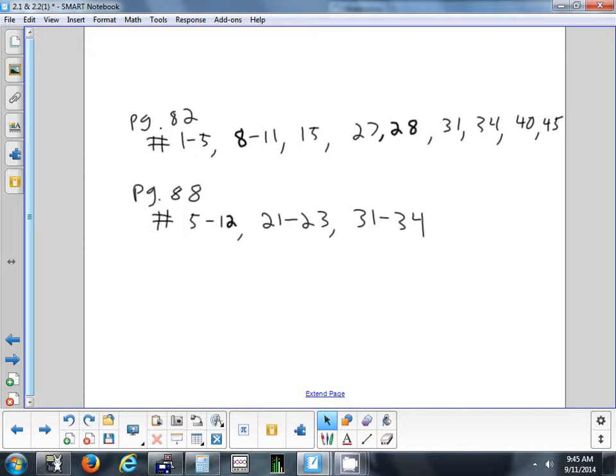On page 88, it's 5 to 12, 21 to 23, and 31 to 34. A lot of page 88 is graphing, so if there's nothing to show on paper, that's okay. Just write down the window you used. And don't forget, tomorrow we have our test on sections 1.3 through what we did today, the first half of 2.2.